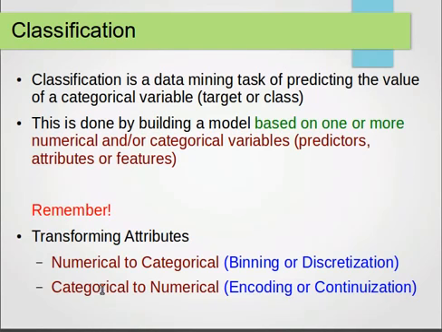If you don't know how to do this, then please watch my data exploration and analysis tutorial. In there I explain binning or discretization to transform from numerical to categorical, and I explain encoding or continuization to transform from categorical to numerical.